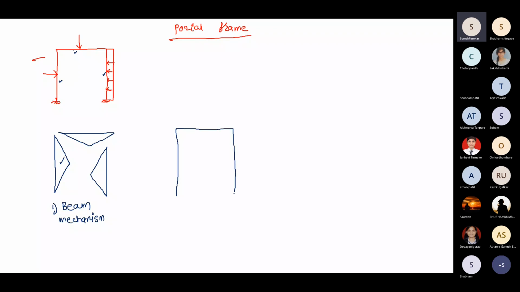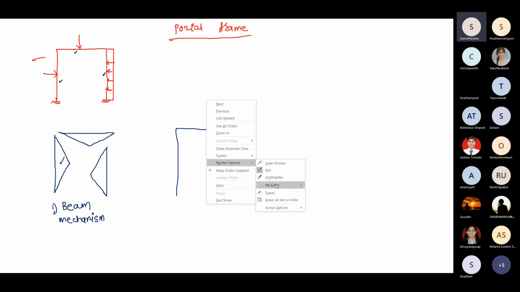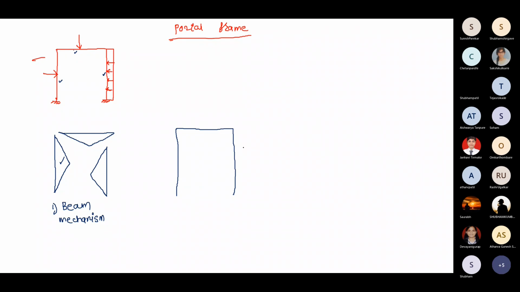Now keep in mind, sway is always related with column, not with beam, and therefore we have this mechanism only for columns. As you can see, this is delta, and in sway, as we are neglecting axial deformation, my value of delta is the same on both sides.